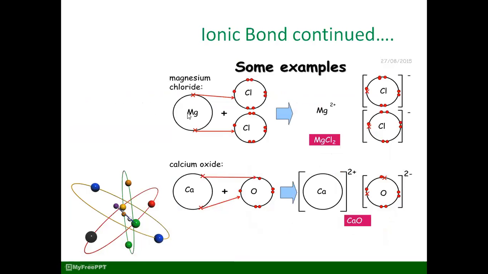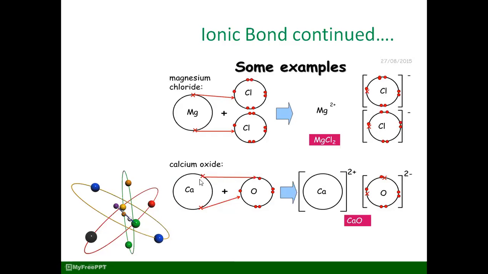Here we can see magnesium has 2,8,2, right? The transfer of two valence electrons makes it a two positively charged cation, and chlorine becomes anion, and together this makes magnesium chloride.